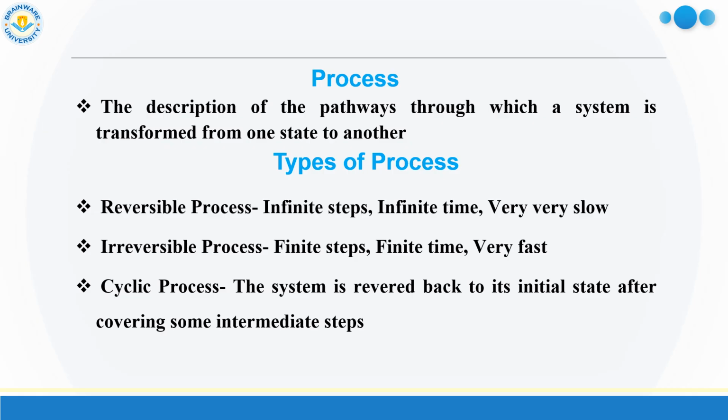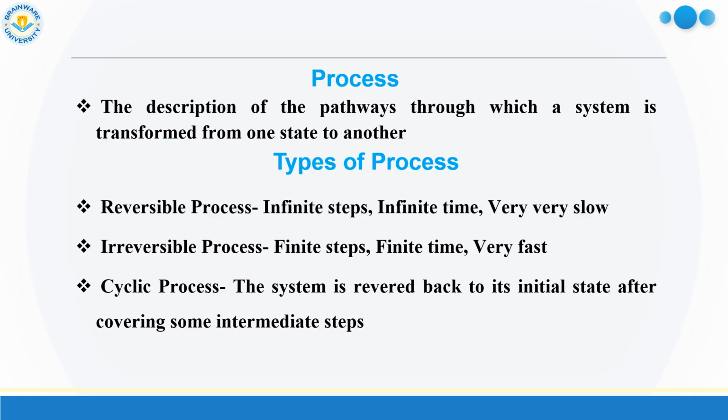Now, what is a process? This is simply the description of the pathways through which a system is transformed from one state to another state. Processes can be broadly categorized into three types. The first one is reversible process, the second one is irreversible, and the third one is cyclic process. So what is a reversible process?